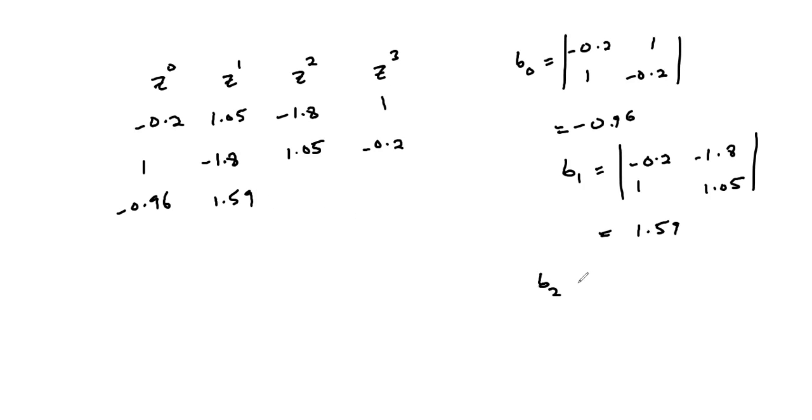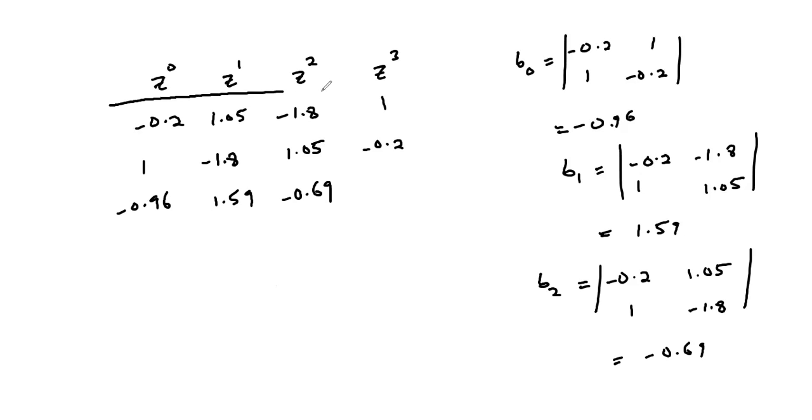Lastly, we have our B2, which will be the first terms and the second terms to formulate our determinant, negative 0.2, 1.05, 1, and negative 1.8. If we evaluate these, we obtain negative 0.69. And this is our jury's array.